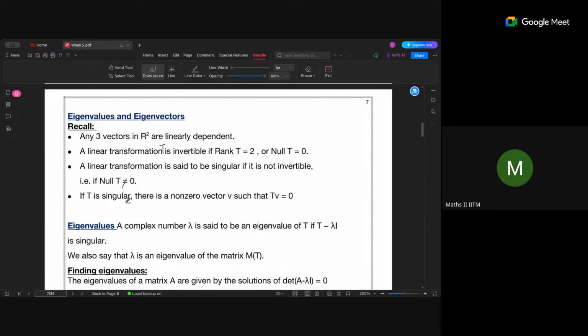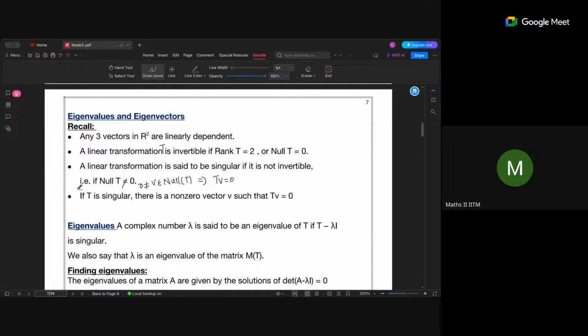Okay. And if T is singular, there is a non-zero vector V such that TV equals 0. That is exactly what is meant by null of T not equal to 0. Null of T not equal to 0 means what? It contains a non-zero vector. So there is a non-zero vector in null of T. So this means there is a V non-zero such that TV equals 0.